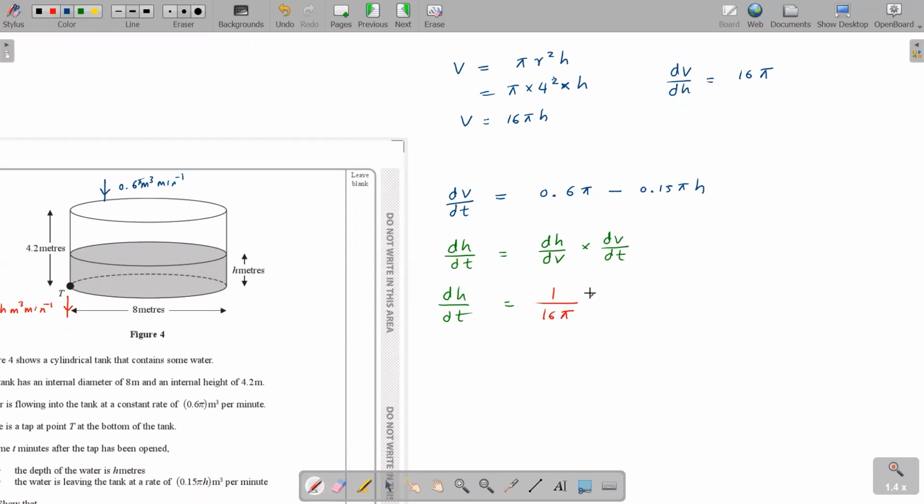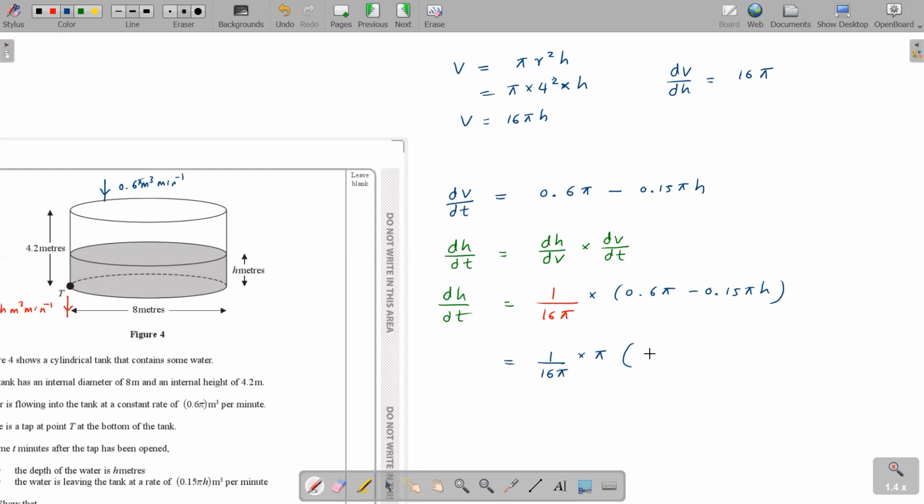Into dV by dt, which is 0.6 pi minus 0.15 pi h. So we need to simplify this and get the show that. 1 over 16 pi. Let's take pi out and work on this.